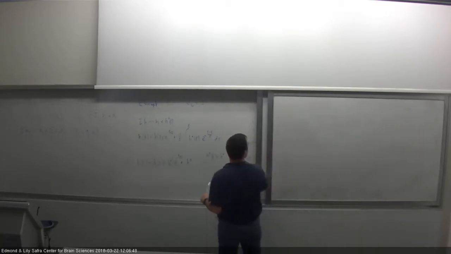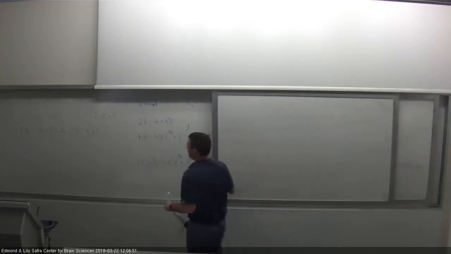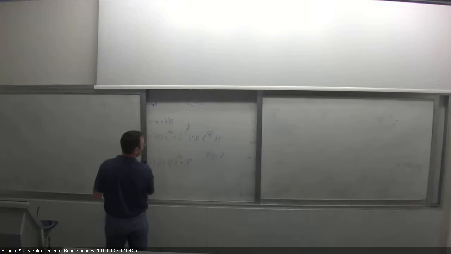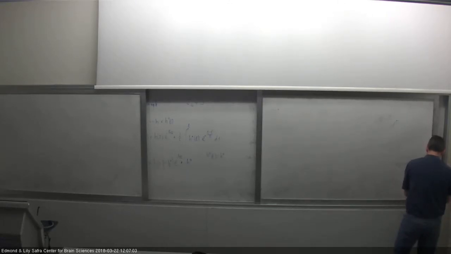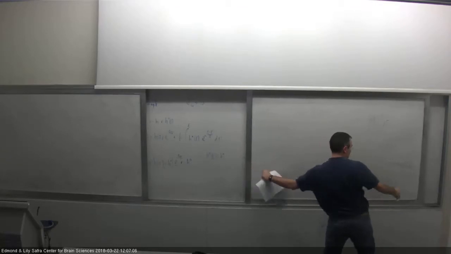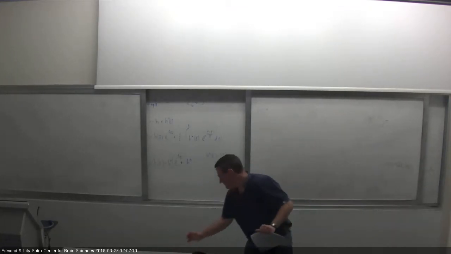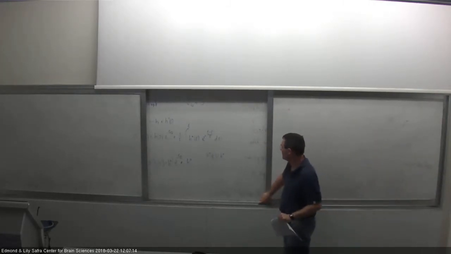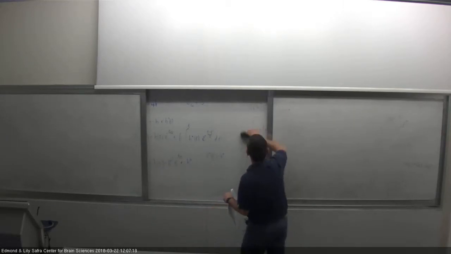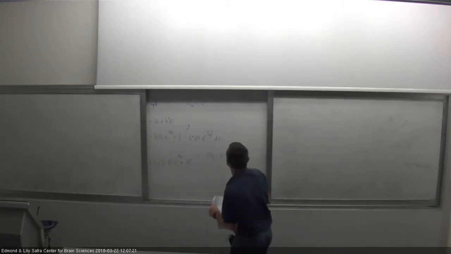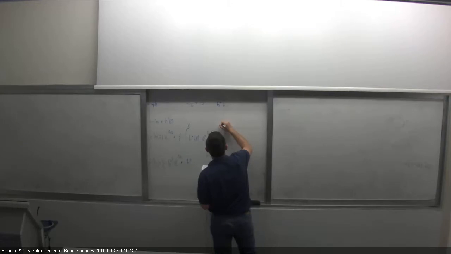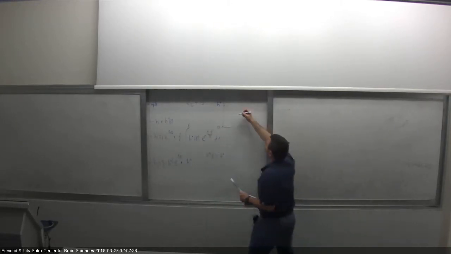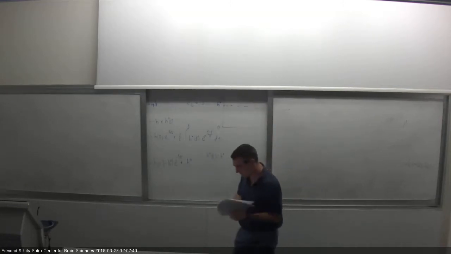So if we just plot it, let's assume that the initial condition is 0, then the dynamics will look something like this.